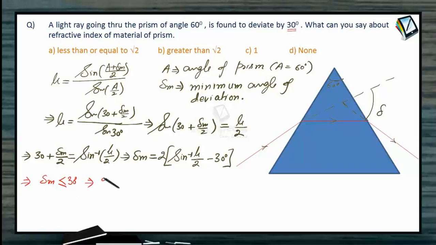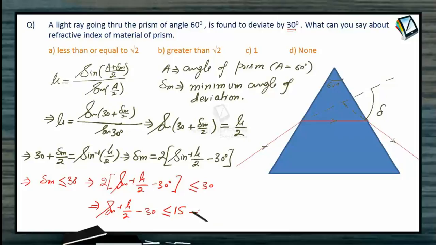So what we get: 2 times sine inverse of mu by 2 minus 30 degree is less than or equal to 30 degree. So finally, sine inverse of mu by 2 minus 30 degree is less than or equal to 15, which further means sine inverse of mu by 2 is less than or equal to 45 degree, which means mu by 2 is less than or equal to sine 45, which is 1 upon root 2.